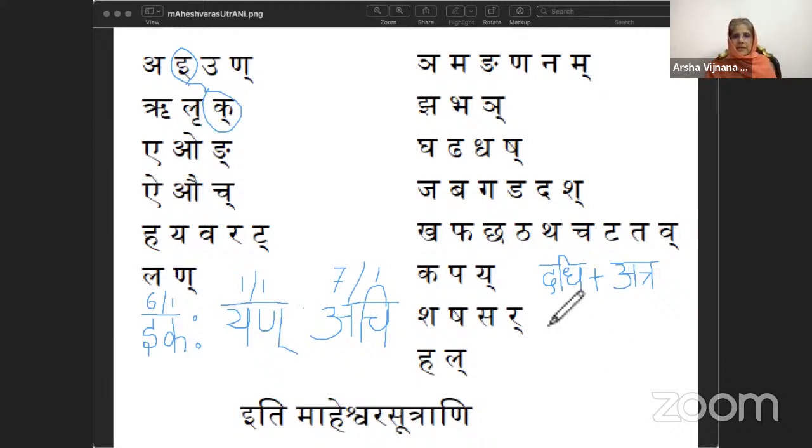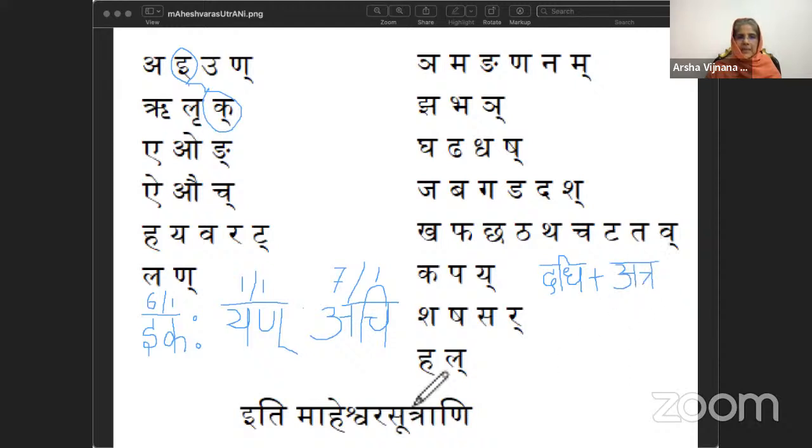Just look at the left hand side first. Is there an ik letter? E. Very good, E is the ik letter. And then is the other condition met, that any vowel follows? Yes, a follows.